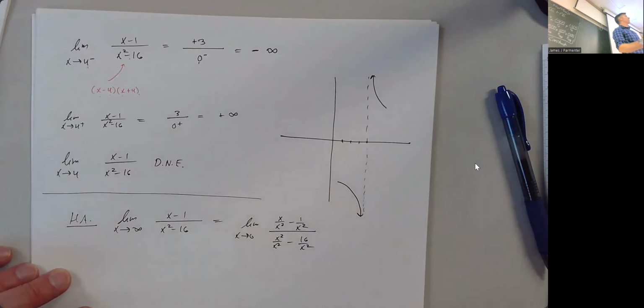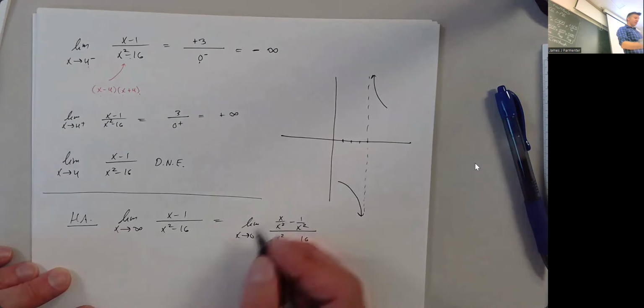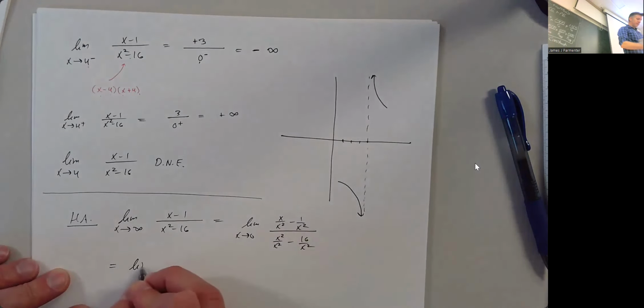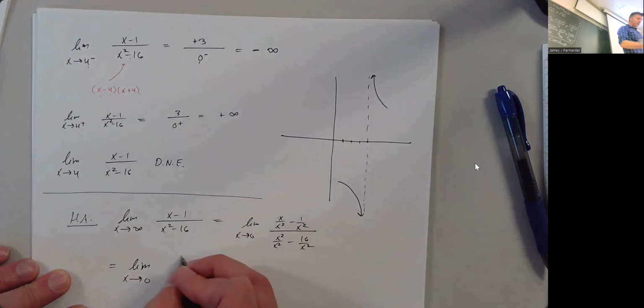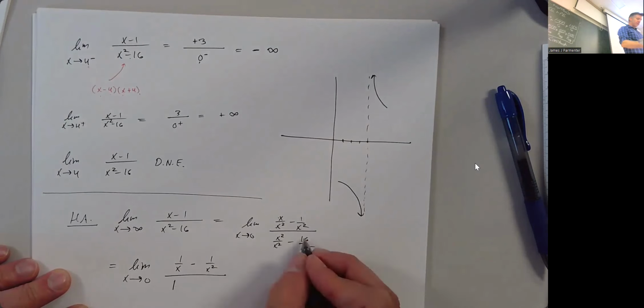It is totally fine to skip this step if you're comfortable doing the simplification without writing all this. So we could skip that step and say, x over x squared reduces to 1 over x. 1 over x squared is just 1 over x squared. X squared over x squared is 1, and 16 over x squared is 16 over x squared.